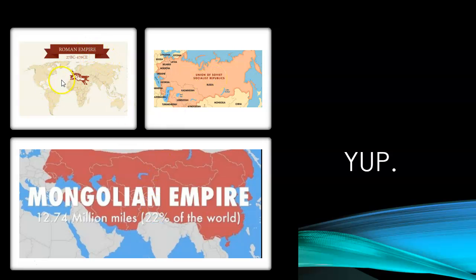Here are some even further back historical examples. The Roman Empire controlled most of Europe and the northern part of Africa, and today Rome is just a city in Italy. The Mongolian Empire, you can see how much territory they controlled, and now this area right here is all that is Mongolia.